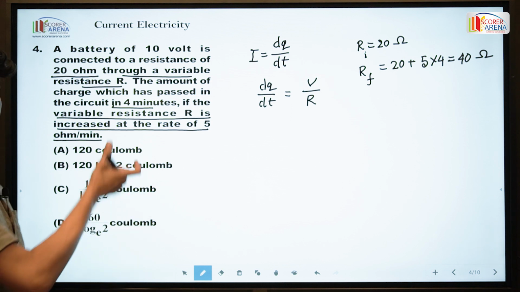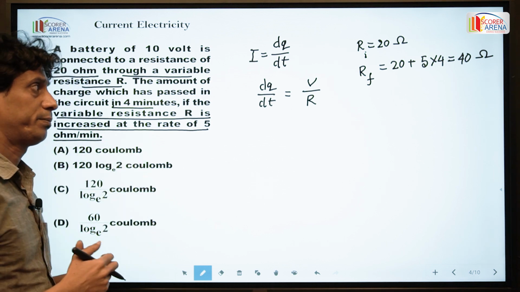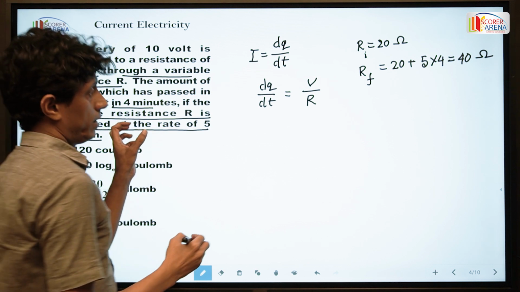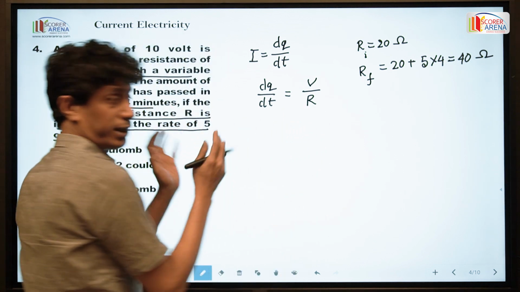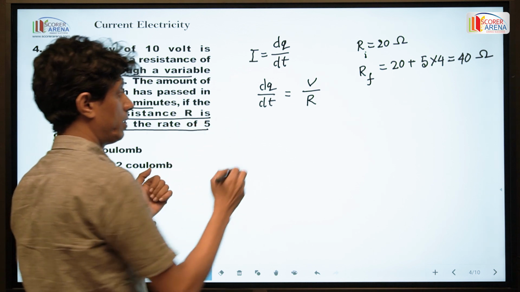As we already solved question number 2, that was also based on variable resistance. So we need the equation having the variation of resistance.